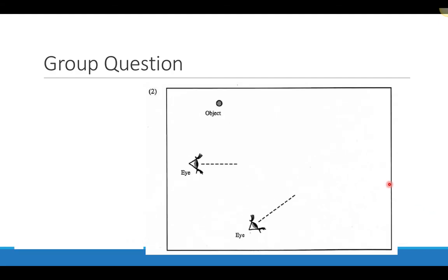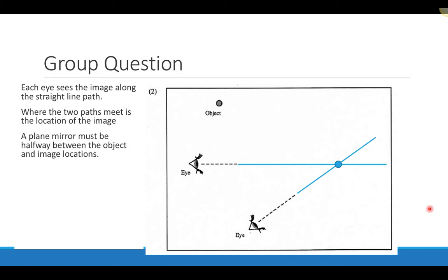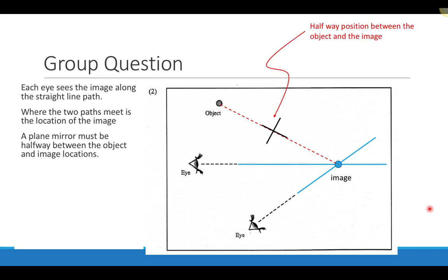So here's another picture, and we can go through the same process. We have two eyes. Here's our object. The eyes see the image along the straight line path. So I follow those rays of light that the eyes are apparently seeing, and where they meet is where the image is located. I know that the mirror has to be halfway between the object and the image, so I can draw a line connecting the object and the image, and then determine the halfway point.